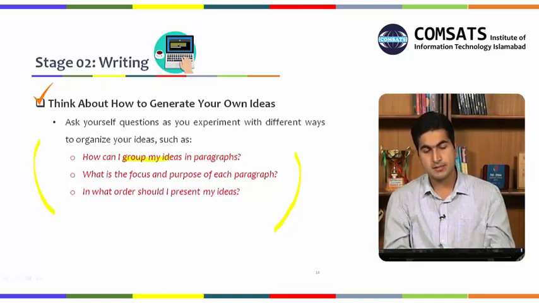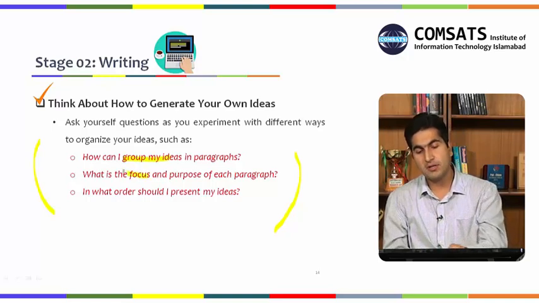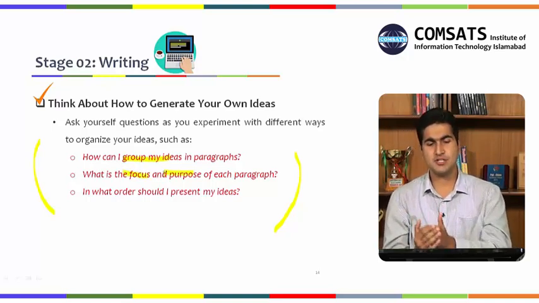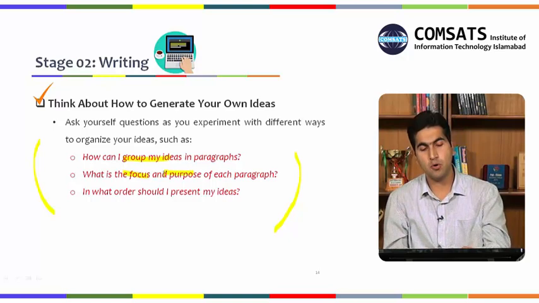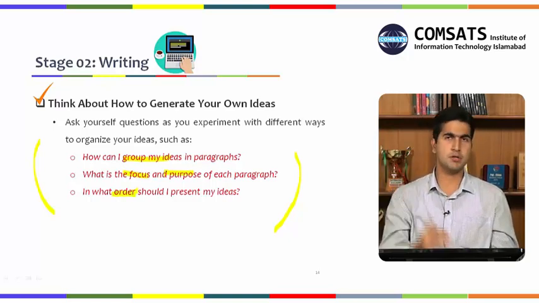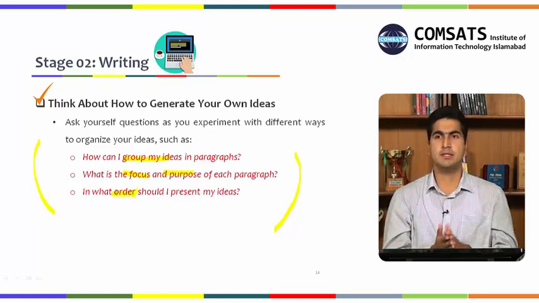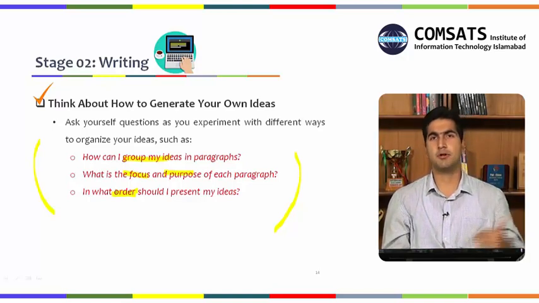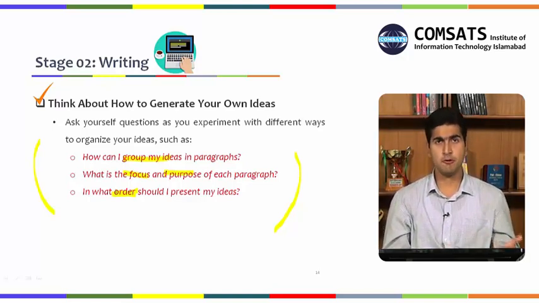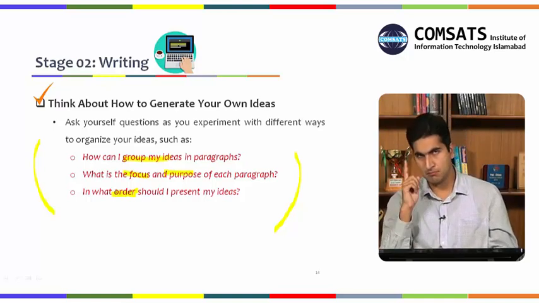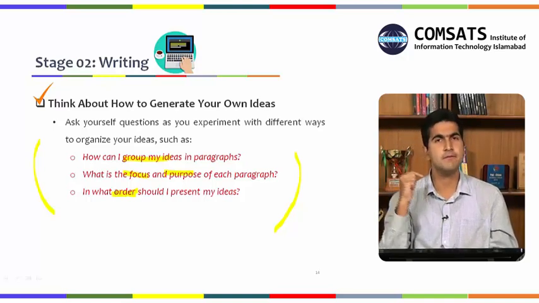How to group your ideas, how to maintain focus and purpose of each and every paragraph, and how to order your information. Of course, that's why we talked about this writing for importance. Another way of looking at it is that when you are writing something to catch the attention of the reader, it is wise to mention the most important point at the very first.